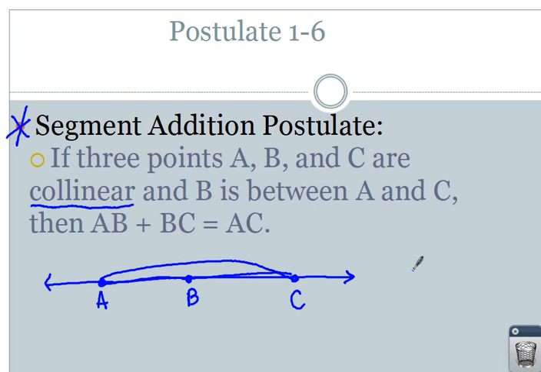Okay? Think small segment plus small segment equals bigger segment. And this equation right here we're going to plug in some algebra stuff to it and do some algebra. And you'll get very familiar with it very quickly.